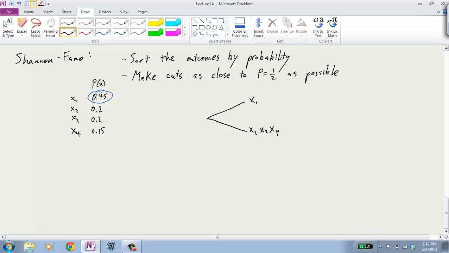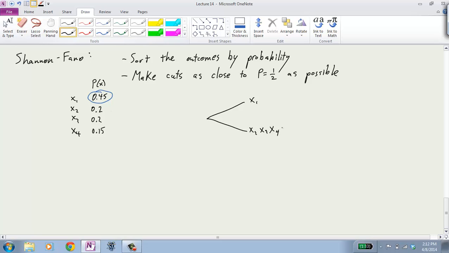And then we just iterate. The top branch is done. On the bottom, this is a total of 0.55, and we want to get as close to half of that as possible, 0.275. So you're probably going to take a 0.2 and isolate it by itself.